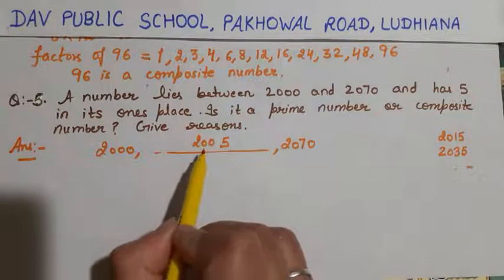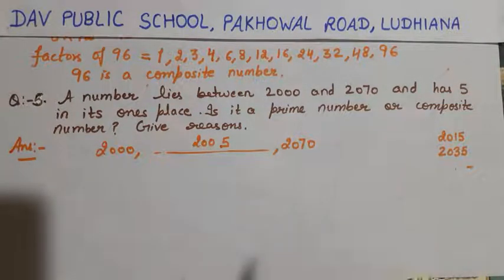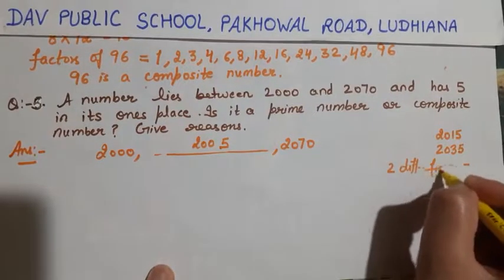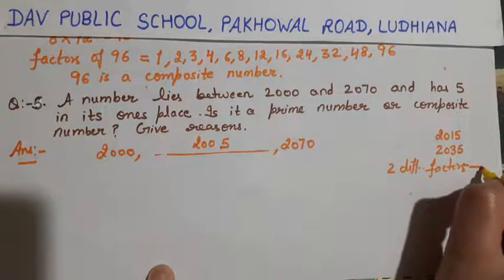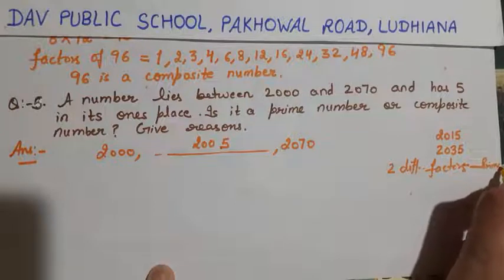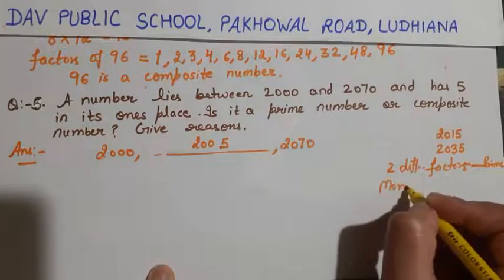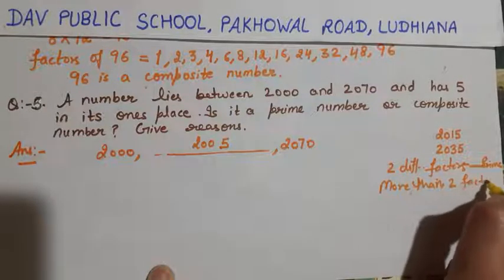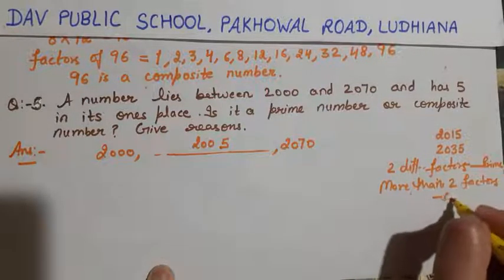So we will check for its factors first. If it has two different factors, then it will be a prime number, okay. If it has more than two different factors, then it will be a composite number.